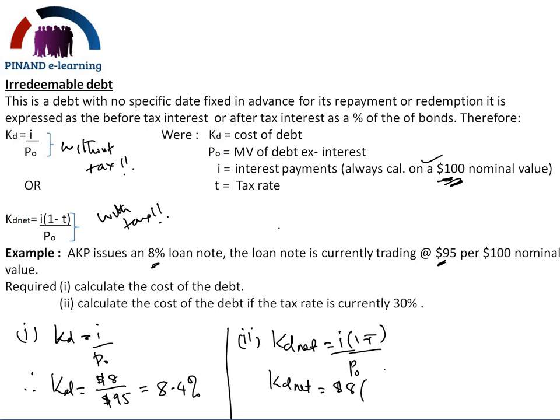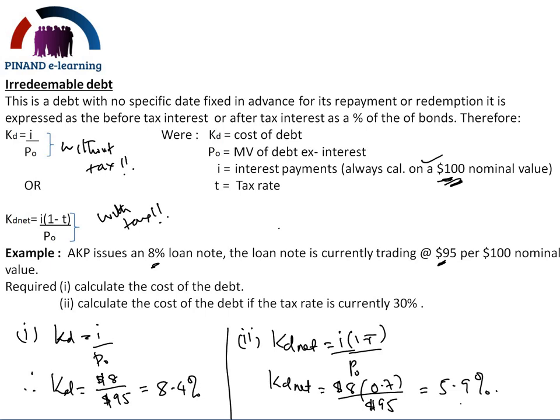If I remove that from 100%, which is 1 minus the tax of 0.3, you get 0.7. This divided by 95. If you use your calculator, this will approximately give you 5.9%.